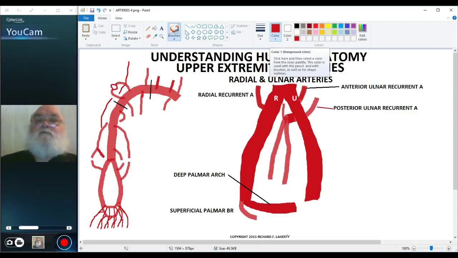So let me get these drawn in over here. And then we'll put some labels on them.